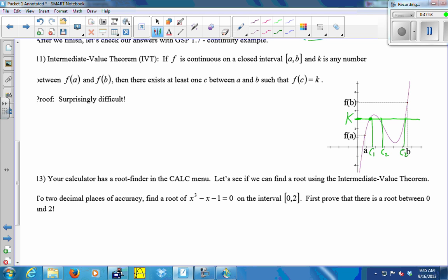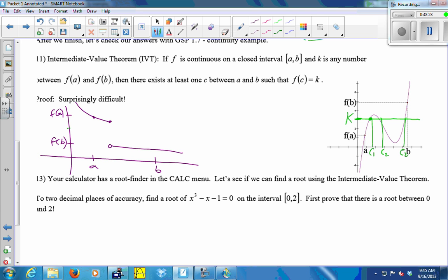Now the continuity thing is really important in order for this to be true, because I could draw a function on a, b that looks like this. So then if I choose some k between f of a and f of b, here's f of a, here's f of b.